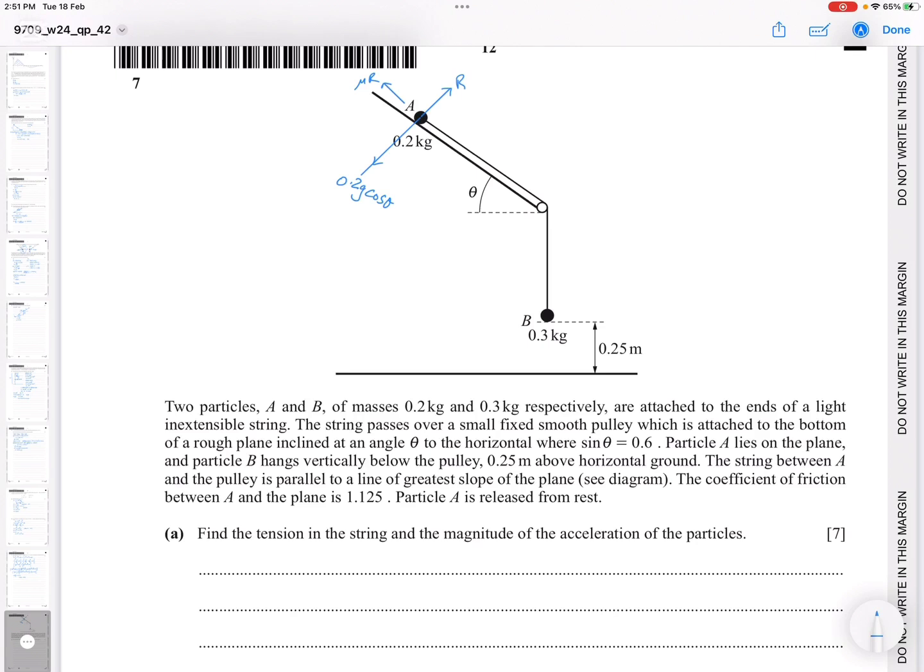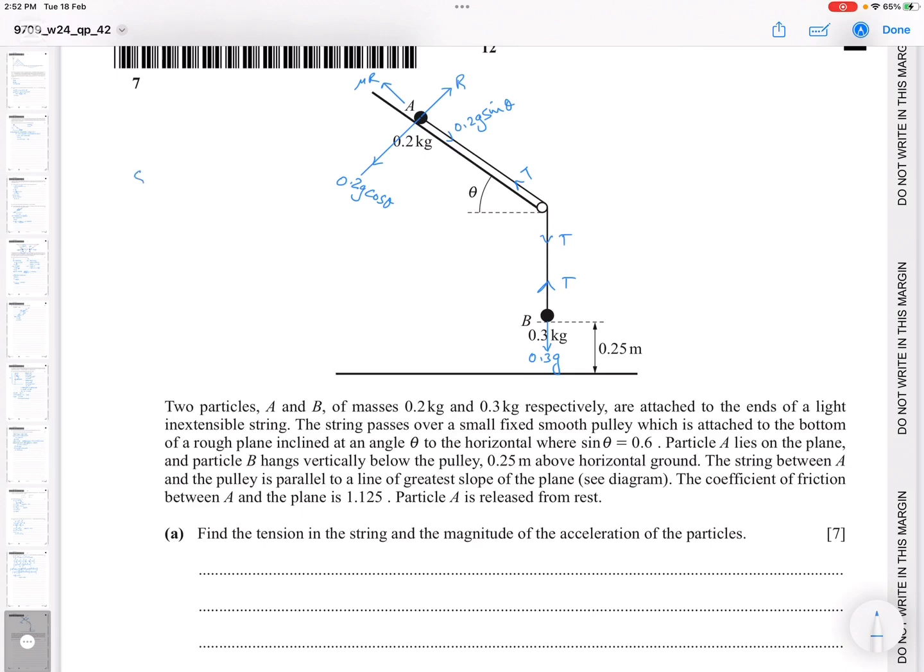And in this direction, parallel to the slope, I can write 0.2 g sine of theta. Tension is here, and tension is here. Here is tension. This is 0.3 g.